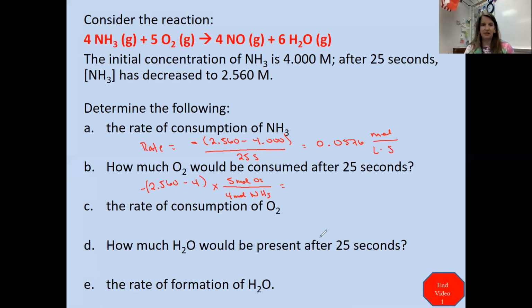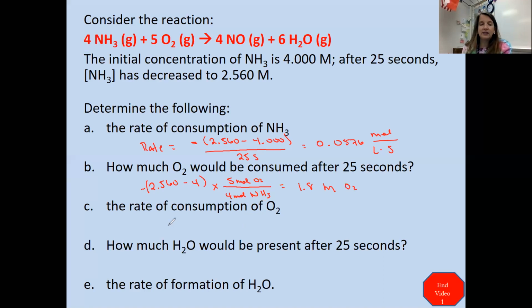Now I'm not dividing it by my time because it's asking for the concentration here. So negative 2.560 minus 4 times 5 divided by 4. And so we have 1.8 molar, our concentration of O2 has been consumed.